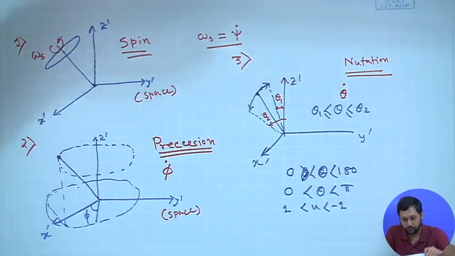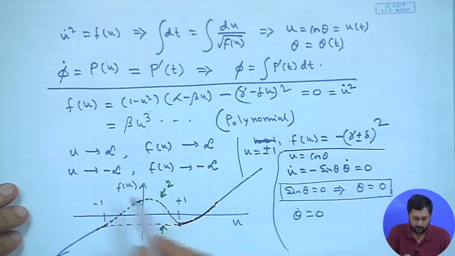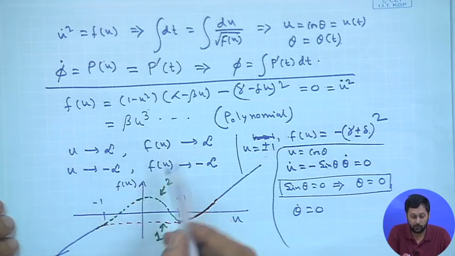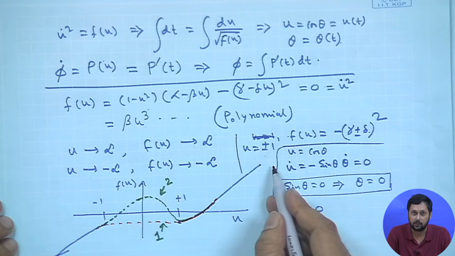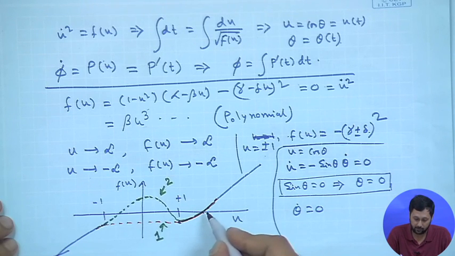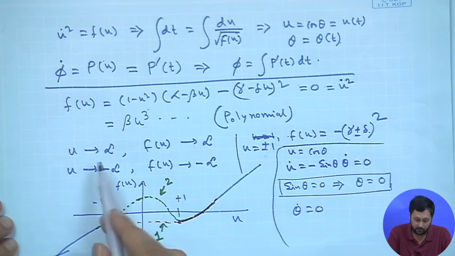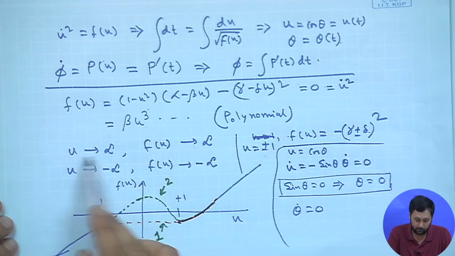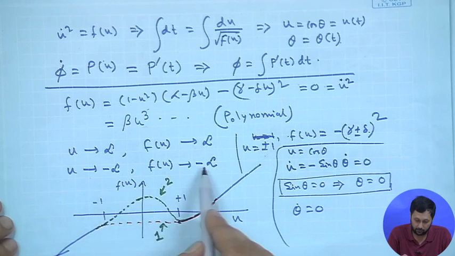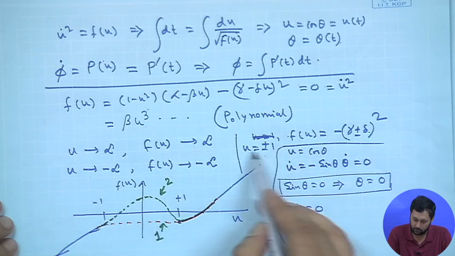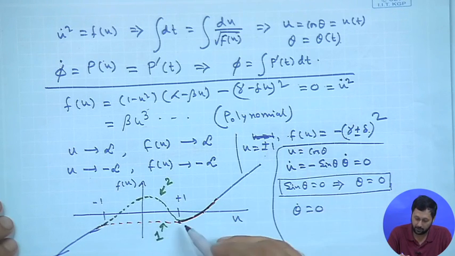Now, we see that from the functional form we have for f(u), there has to be one root which is between u equal to +1 and positive infinity. That we have seen in the last class itself, because otherwise this cannot be satisfied: when u goes to positive infinity, this goes to infinity, when u goes to negative infinity, this has to go to negative infinity, and when u equal to ±1, this has to be negative definite.